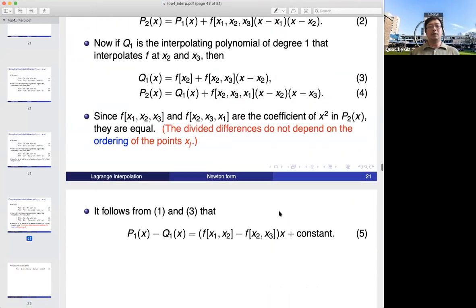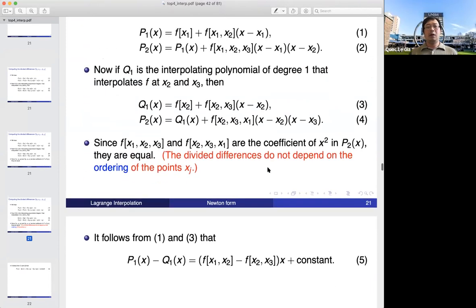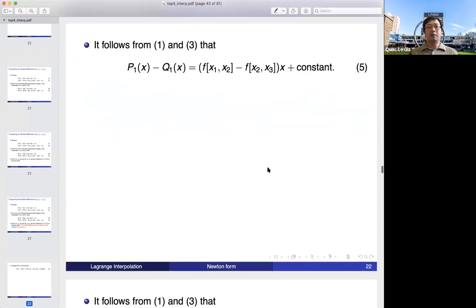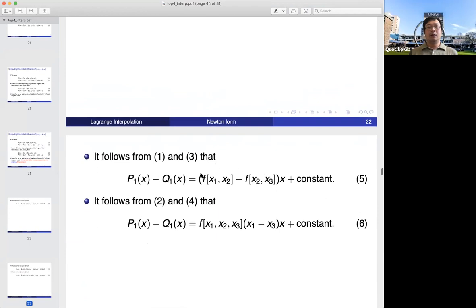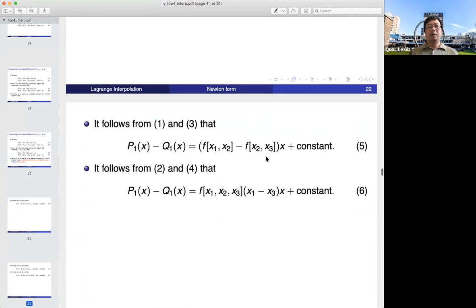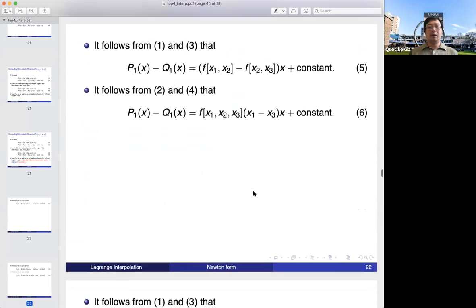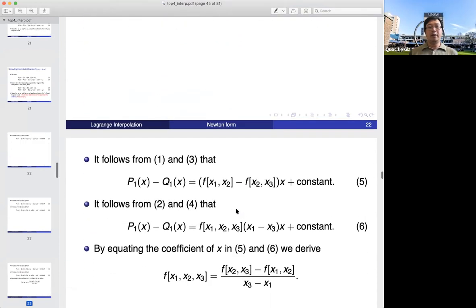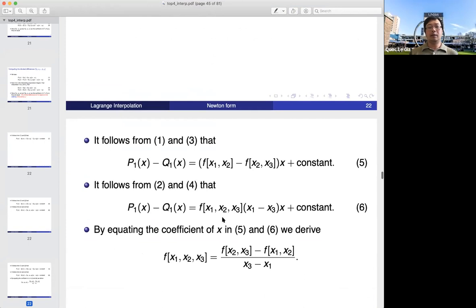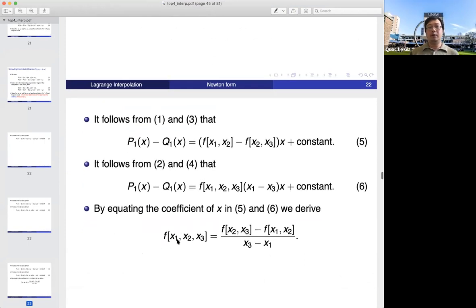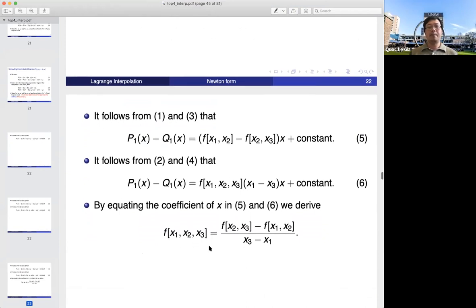So you see that in the slide, it was written in a shortened form. So here 5 and 6. You get 5 and 6, and then we equate the coefficient for x, and then you get f divided difference of x1, x2, x3.